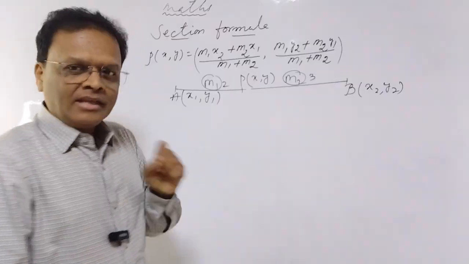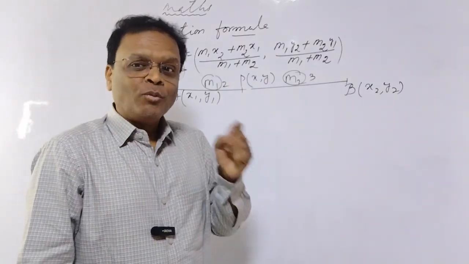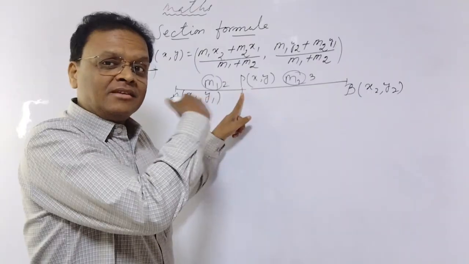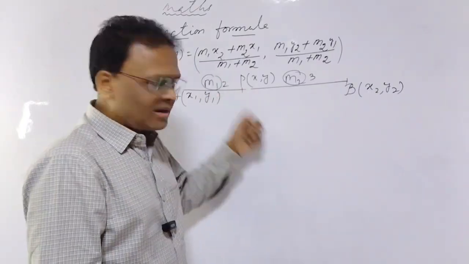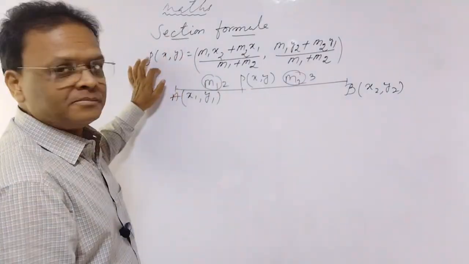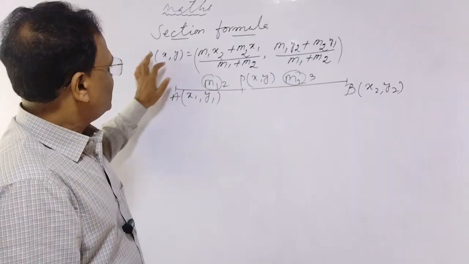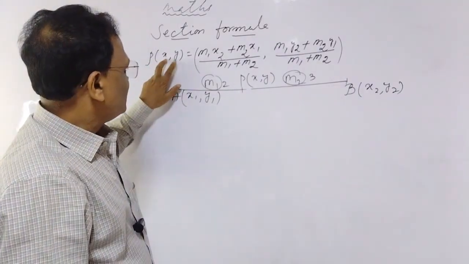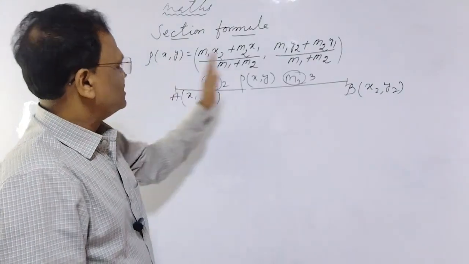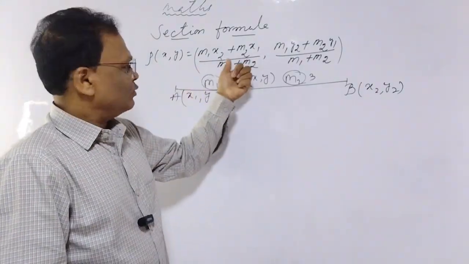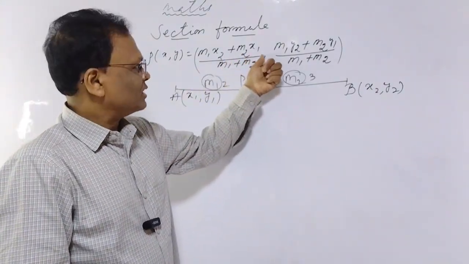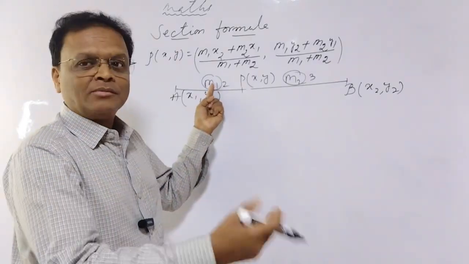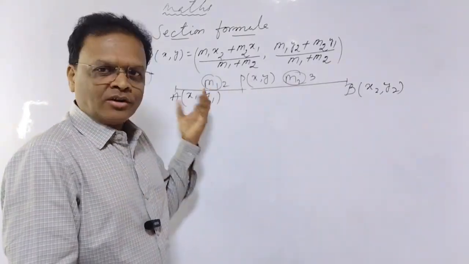Therefore, if one wants to find the coordinates of the point which divides the line segment, we have to use this formula. So P(x, y) is the point which divides this line segment. To find its coordinates, this is the formula: m1 into x2 plus m2 into x1. So what are m1 and m2? Instead of m1, m2, they will give some numbers, like the ratio 2:3 or 3:5.